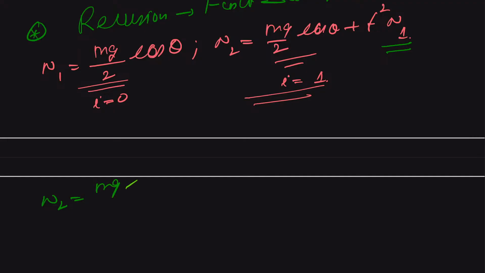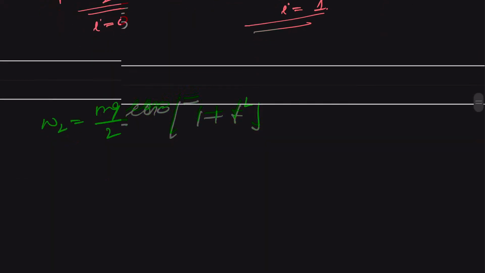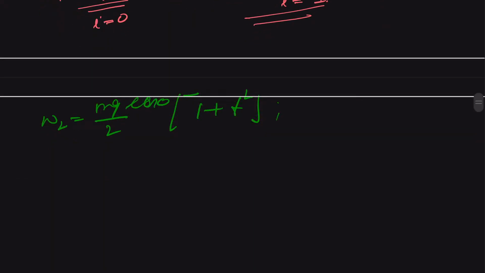So we can say mg cos of theta divided by 2, and it comes as 1 plus t square. Similarly, we can solve other parts also, like we get N3 will be giving us mg cos of theta divided by 2, and this comes as 1 plus t square plus t raised to power 4.